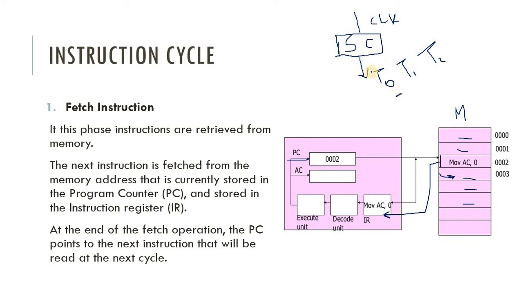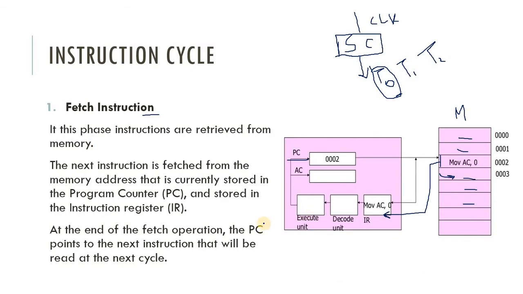Now at the timing signal T0 we'll execute the fetch instruction. When we get the timing signal T0, the first step is we'll get the address from the program counter and we'll store it in the address register.